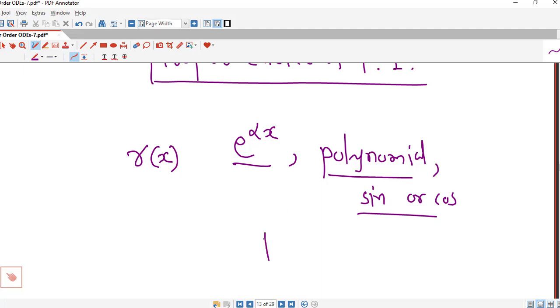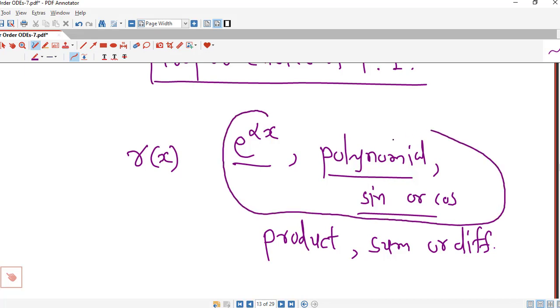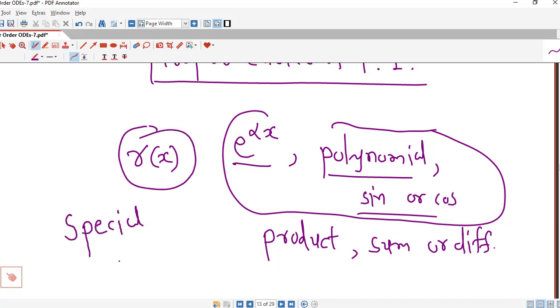Products, sums or differences of all these functions are allowed for finding the particular integral using the method of undetermined coefficients. So it is applicable to special right hand sides only.